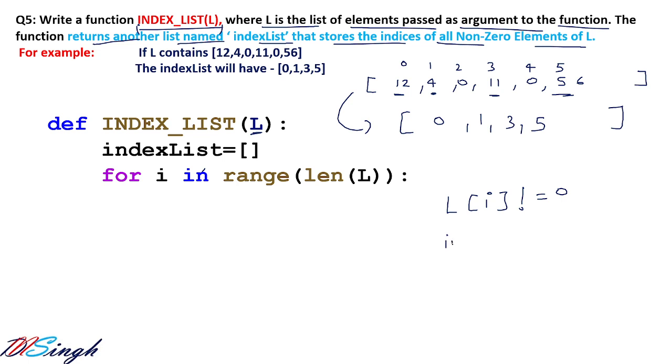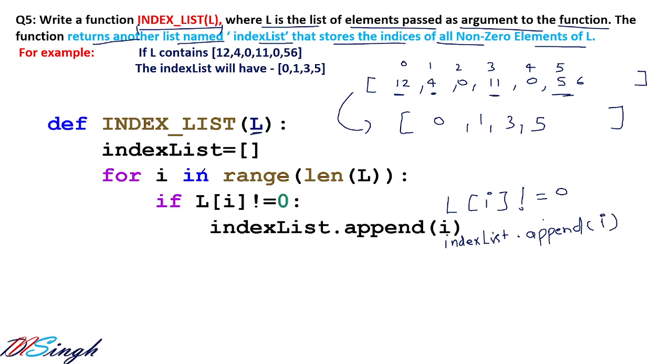So index list dot the function append, inside that we will pass I. So this is what we have checked inside if. Then we are going to append the I value to the index list which we have created, a list for indexes of the elements which are non-zero.